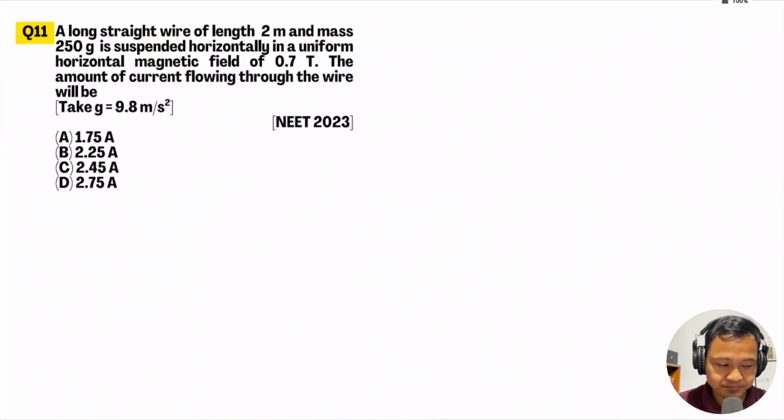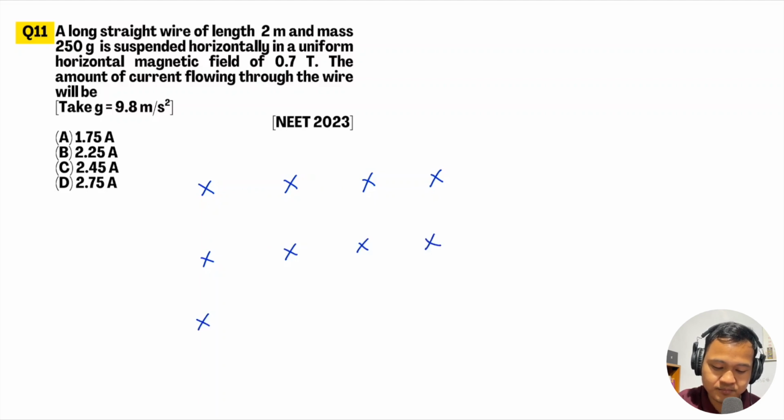Next: a long straight wire of length 2, mass 250, is suspended horizontally in a uniform magnetic field of 0.7. Then the amount of current flowing through the wire will be? Let's say the magnetic field is like this, horizontal.